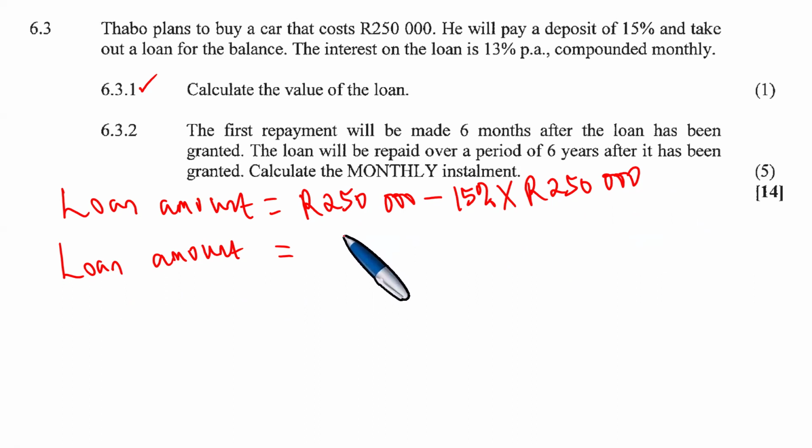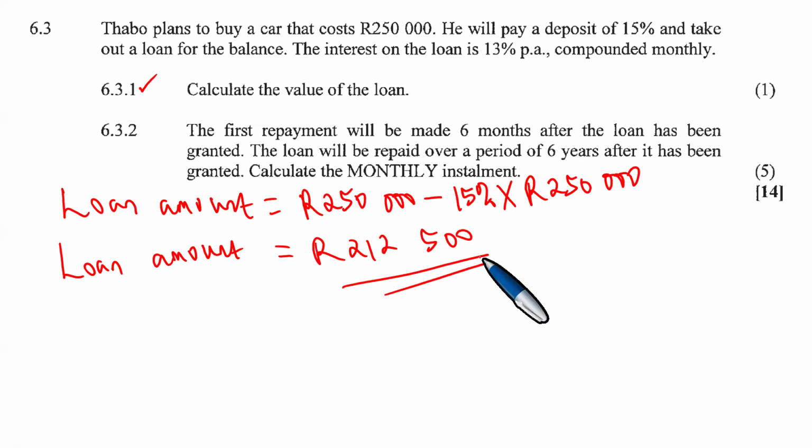The loan amount will therefore become, if you use the calculator, 212,500. Because he will pay a deposit of 15%, so we minus 15% of the 250,000, and you'll get 212,500. Correct. Okay, that is the loan amount.